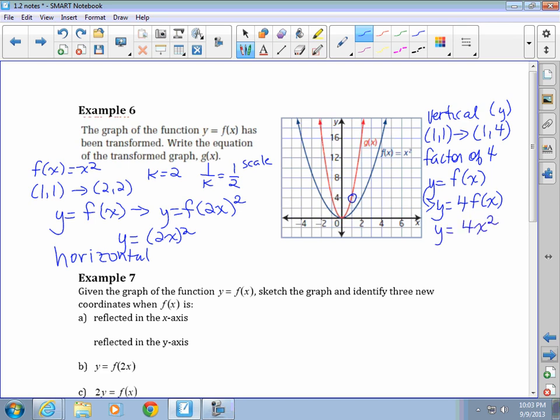If we want to write it with the a value, remember this is our a value in the right spot, then we would bring it over to the other side. If we divide by 4 and divide by 4, we have 1/4 y equals x squared. This is the way that I would leave it, as just a function like that, unless it says specifically to write it with your value on the y.